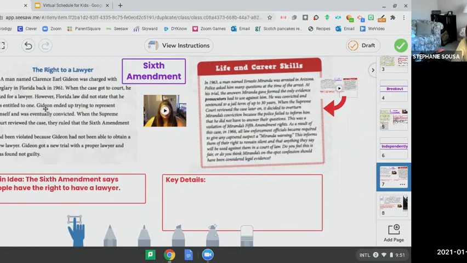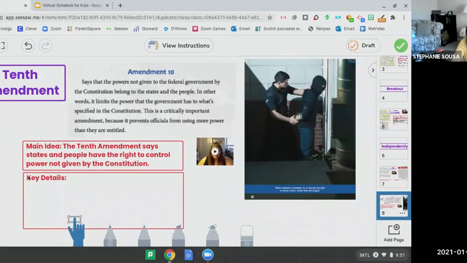You are going to go find proof that they are allowed to have a lawyer. The 10th Amendment says that states and people have the right to control power not given by the Constitution. So if there's something that is not said in the Constitution, states get to be in control. You're going to find key details that prove that.